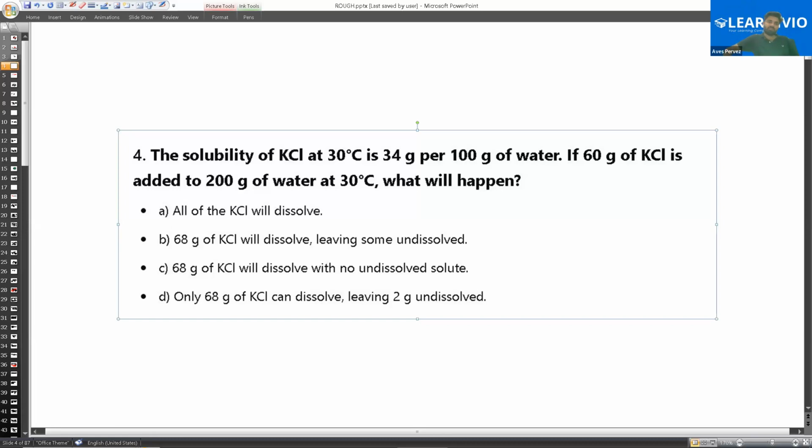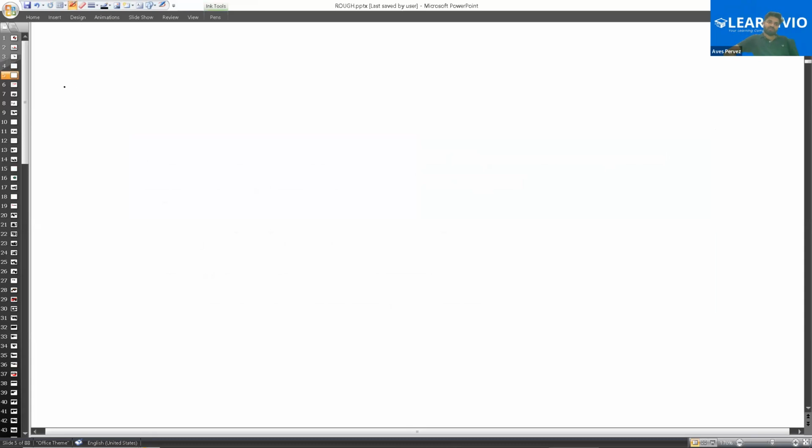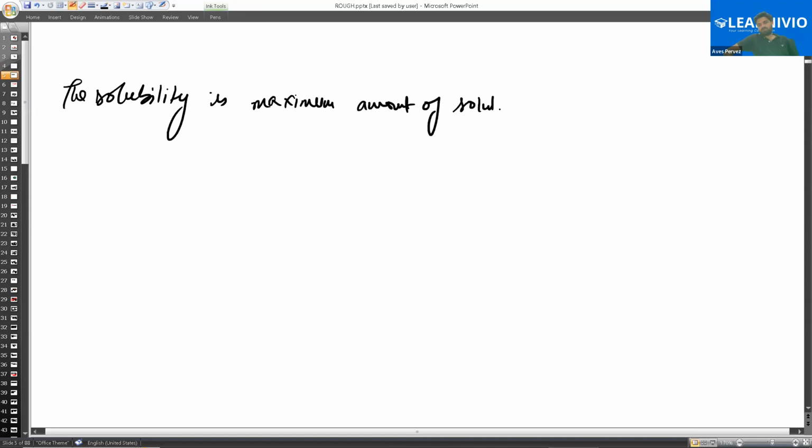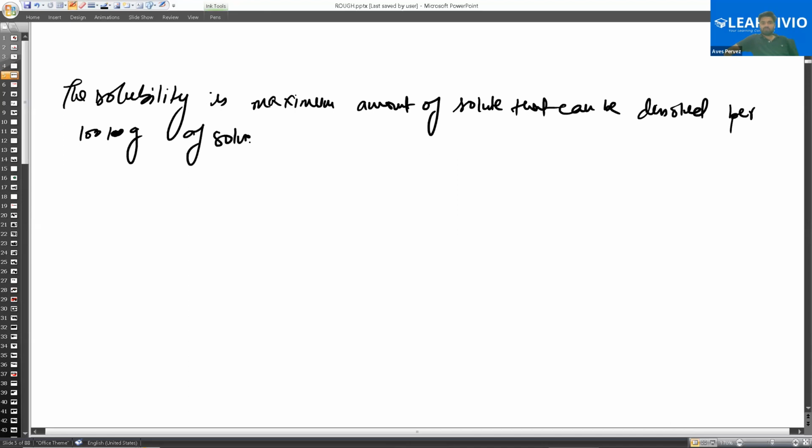Solubility is the maximum amount of solute that can be dissolved per 100 grams of solvent.